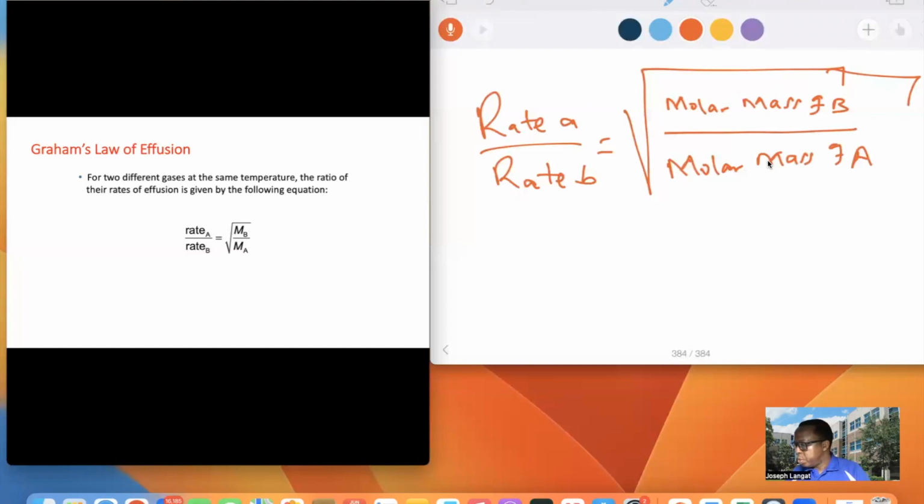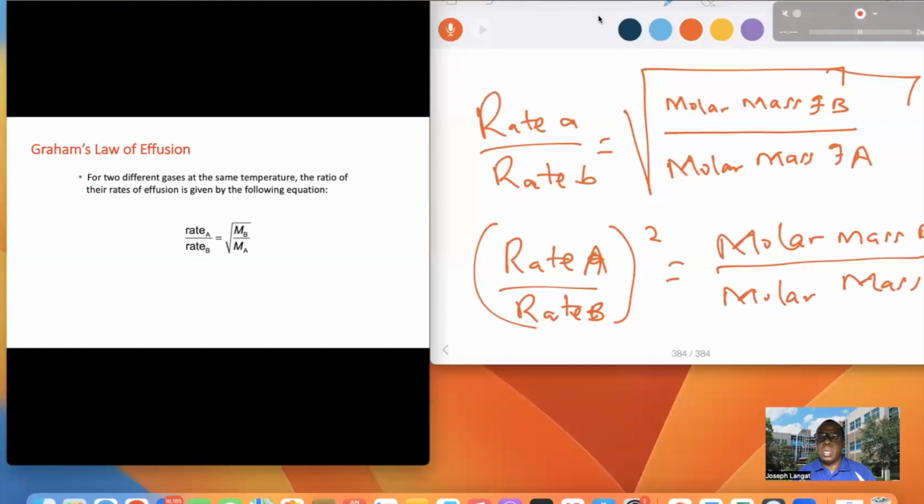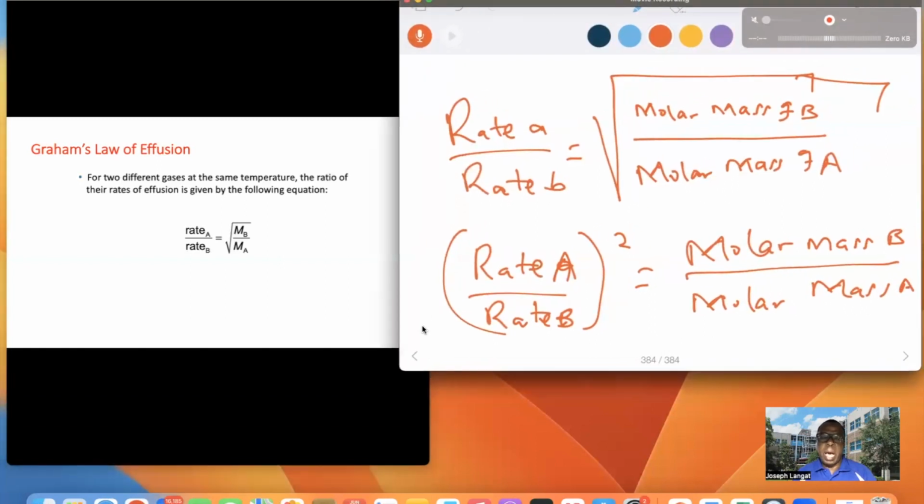Look at this. If I square both sides, rate of A over rate of B, in that case let's use uppercase, squared equals molar mass of B over molar mass of A. The reason I'm bringing this equation here is that from Graham's law you can be asked to calculate the molar mass of A given the left side of this law.